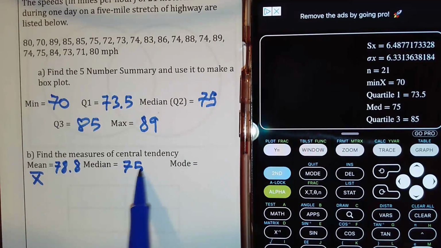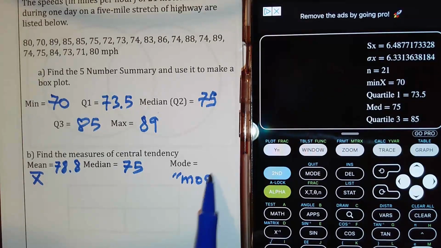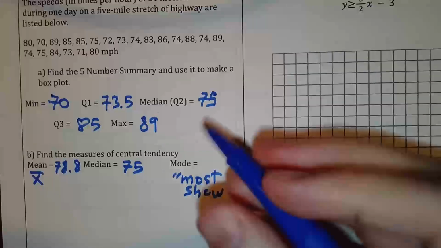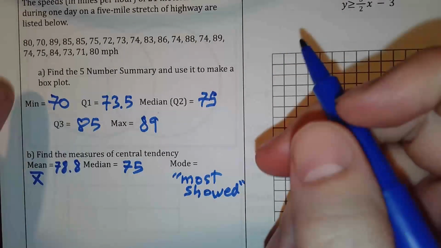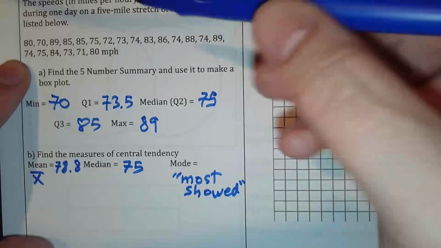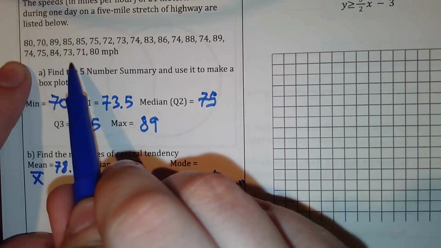And then the mode is which number is shown the most. So which number on this list shows up the most? Let's see. We have 74, 74, 74.